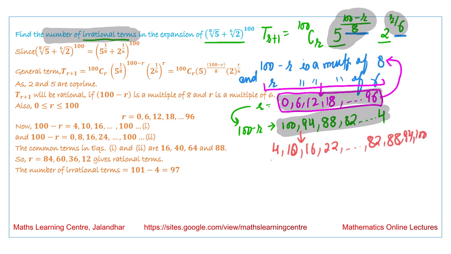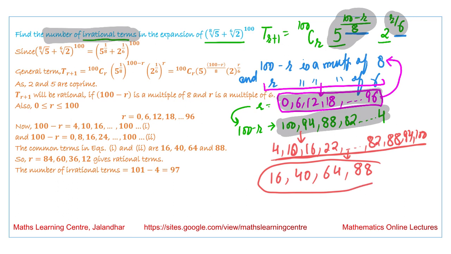We are interested in those values out of these which are divisible by 8. Those values will be 16, the next value will be 40, the next value will be 64 and the next value will be 88. So these are the 4 values of 100 minus r for which 100 minus r is divisible by 8.